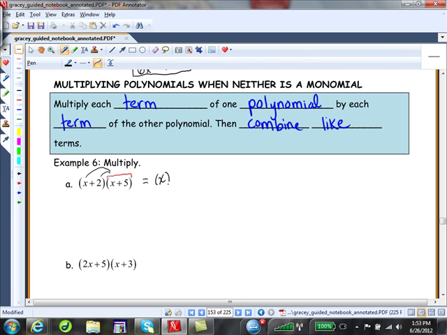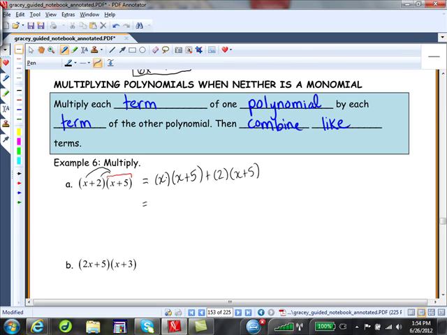x times x plus 5 plus 2 times x plus 5, which will give us, now we have to distribute each of these monomials through. So this is just like it was in the last example.